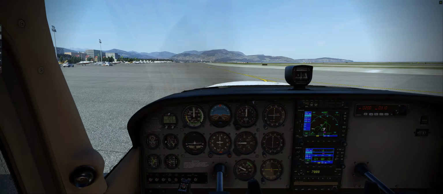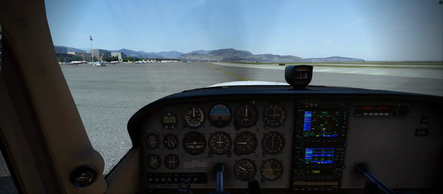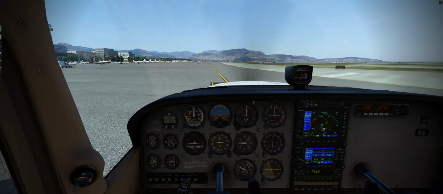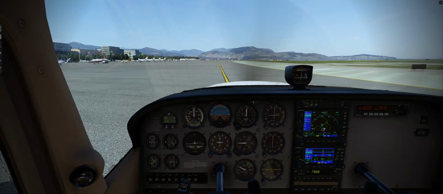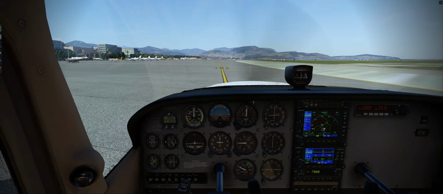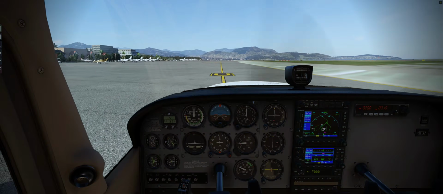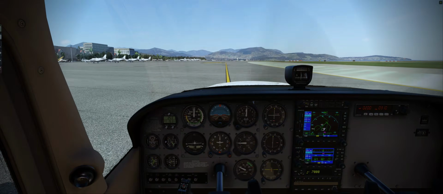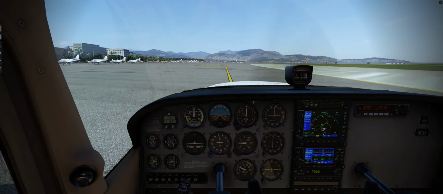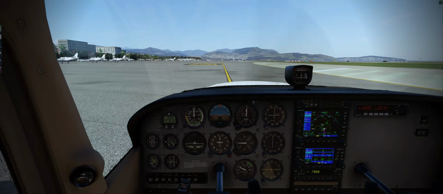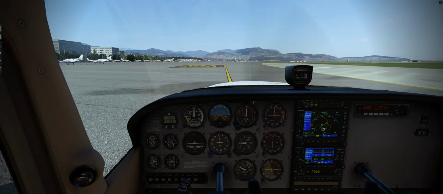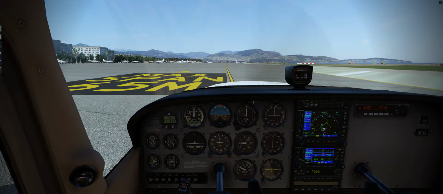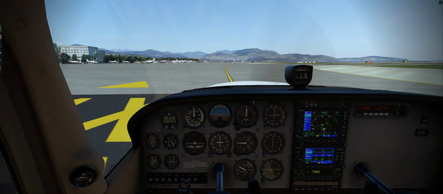Well, of course, unless you're using a force feedback controller, you don't have that tactile feedback in a simulated aircraft. Now, yes, you can buy the Brunner yoke, which is a force feedback yoke. The problem there, of course, is that it's quite expensive. It's about $1,000, and not everyone has that sort of disposable income. So most people, when using trim in flight simulation, are not getting that tactile feedback.